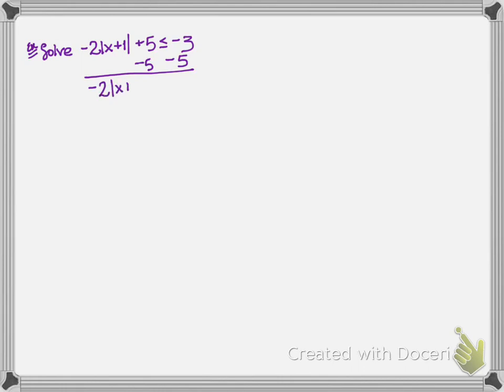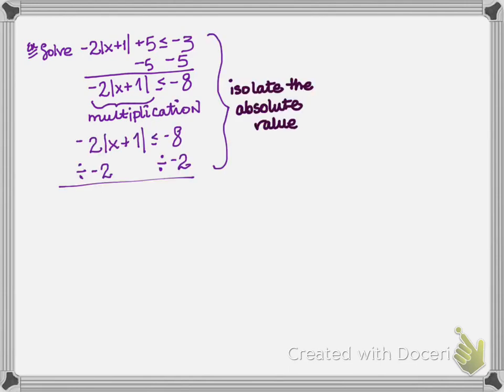And when you are doing that, you need to remember that when you have a number squished up against something, that is a multiplication problem, and the opposite of multiplication is division. So we need to divide both sides by negative 2.